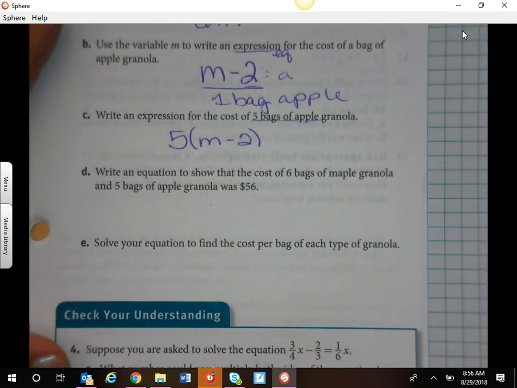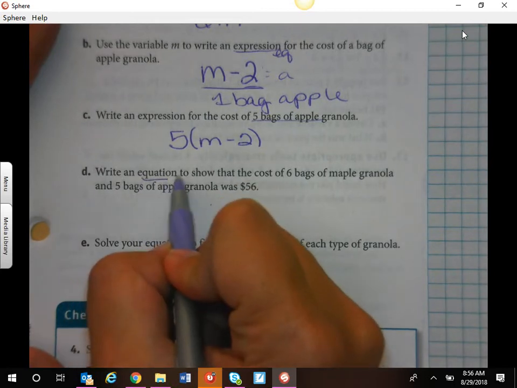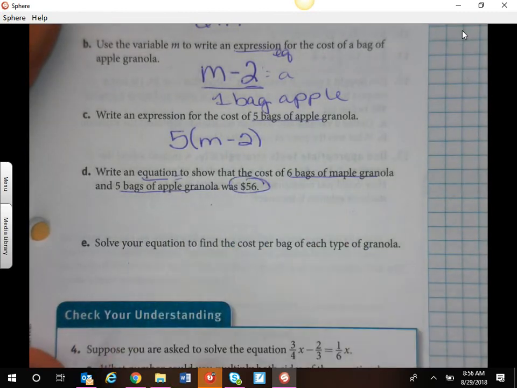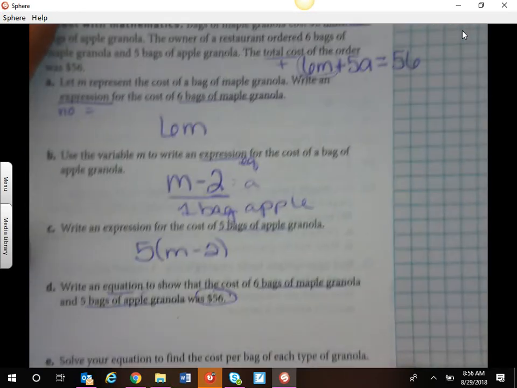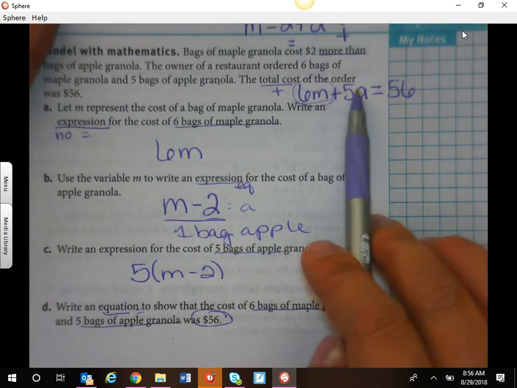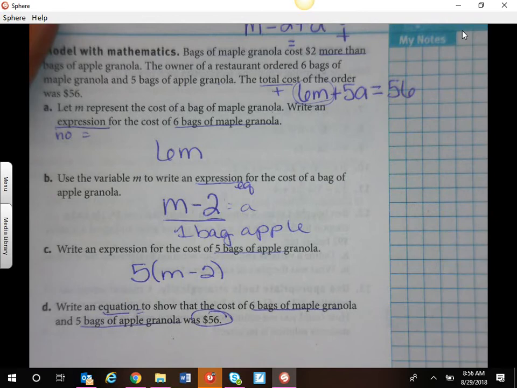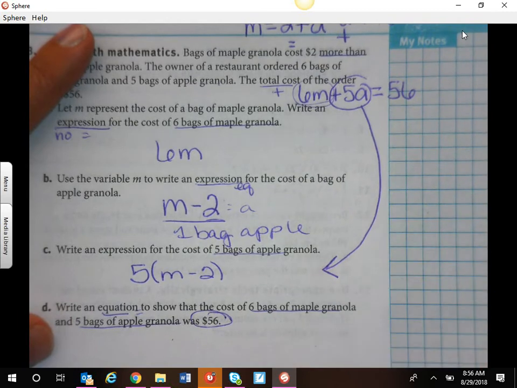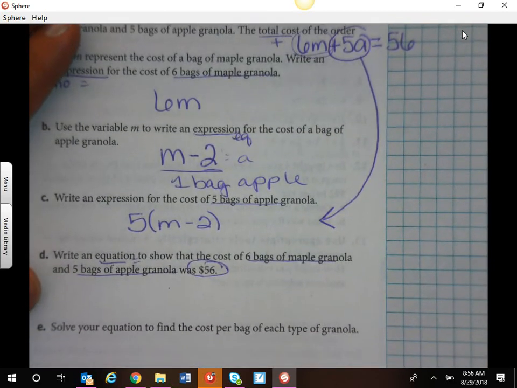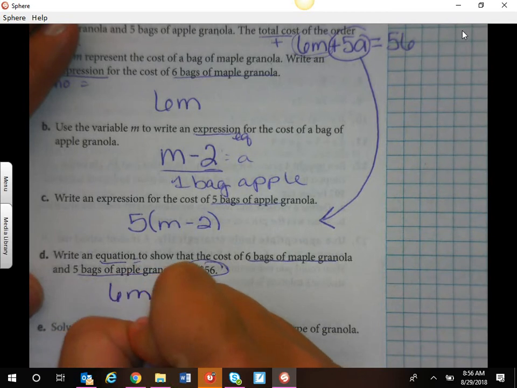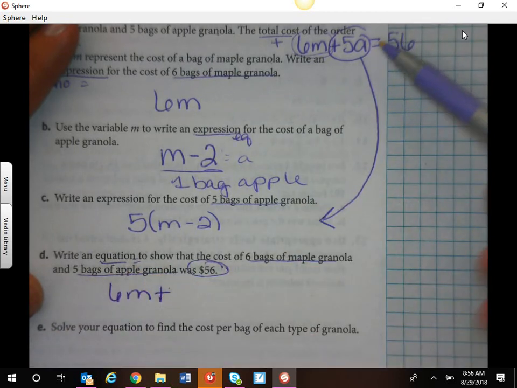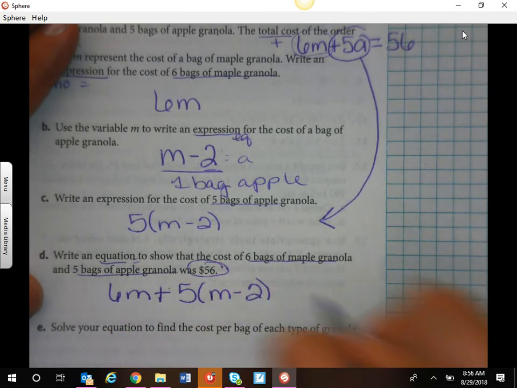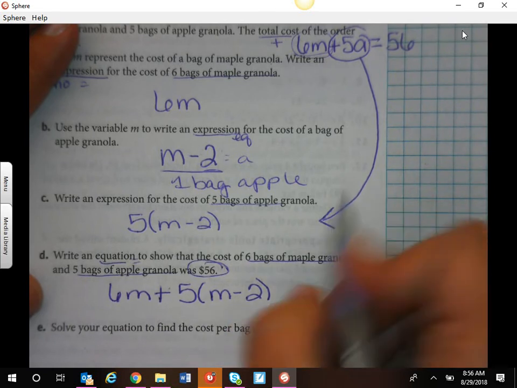Now we're going to write an equation, so this is going to have an equal sign, to show the cost of 6 bags of maple and 5 bags of apple for 56. So we cannot write this equation with the 2 different variables. We're wanting this to have 1 variable, which if you look, 5 apples we wrote right here. So we can write 6 bags of maple plus, instead of saying 5A, I'm going to say 5 times the quantity of M minus 2, because this is my 5A, equals 56.